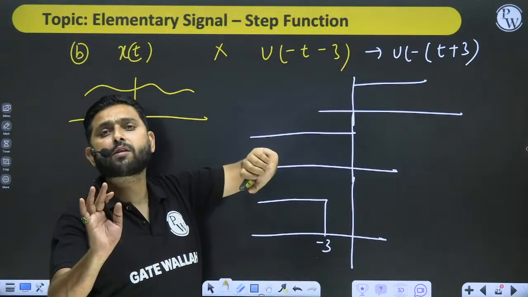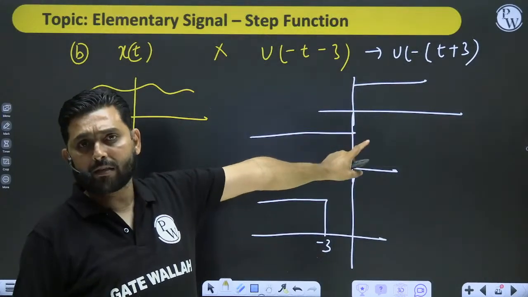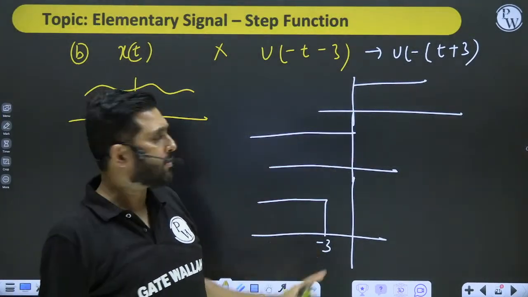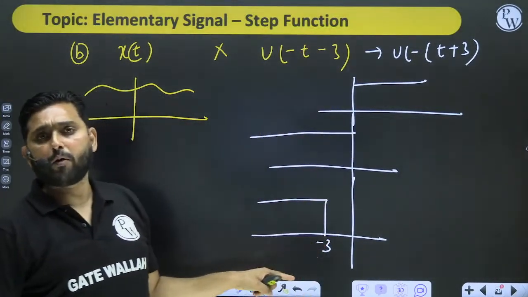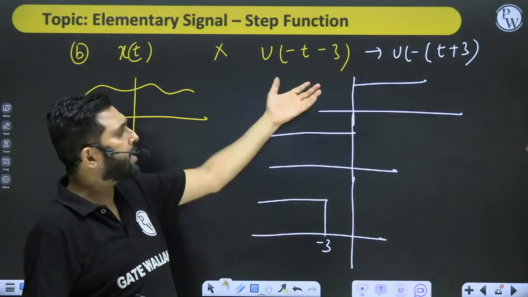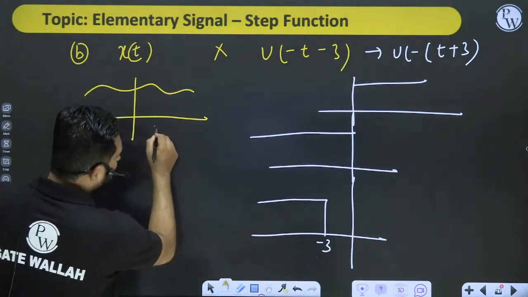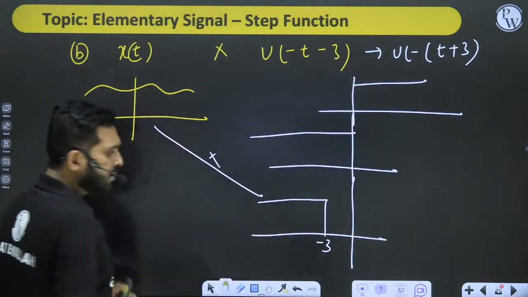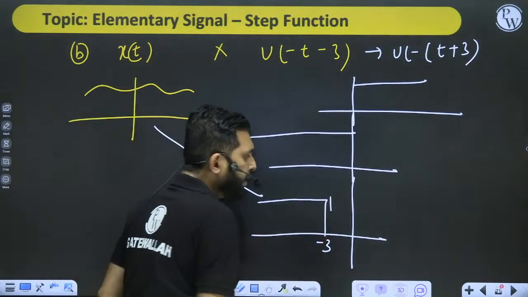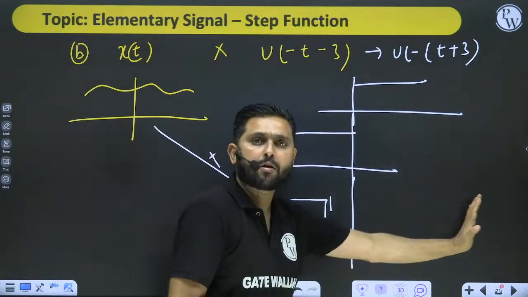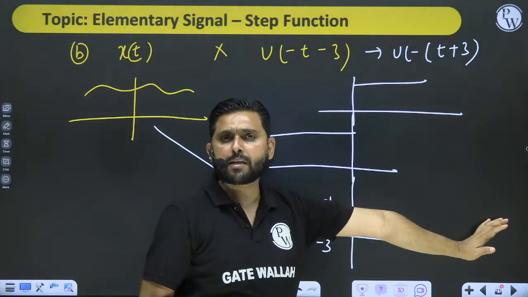Those who have not covered it, please go and cover the last to last class, where I told you the meaning of shifting, scaling and reversal combined operations. Now you have to multiply both functions, and this function is completely 1 until minus 3. After minus 3 it is going to be 0.